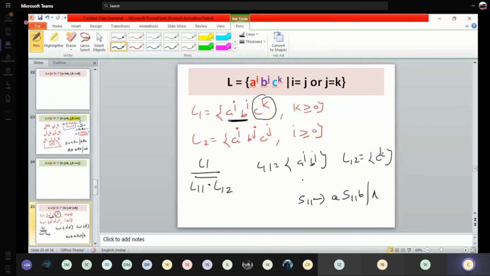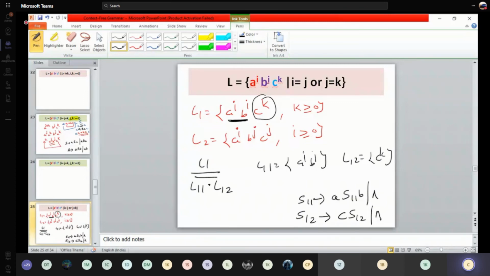So for a raised to i, b raised to i, we'll write like this. For L12, we'll write S12, a recursive rule. Now it is c raised to k, and it is at the last position, so we'll write C S12 or null. We can generate c independently any number of times.